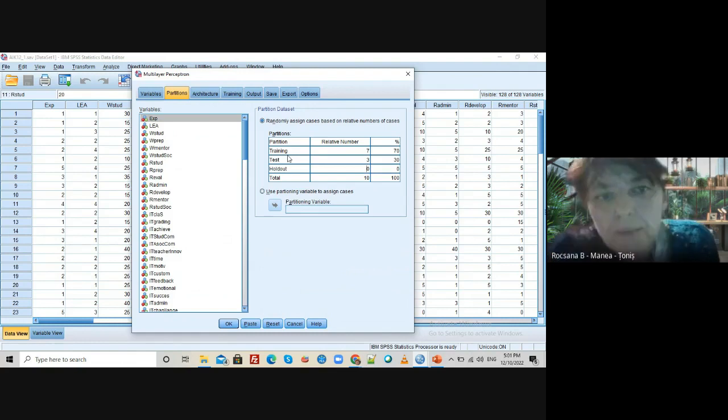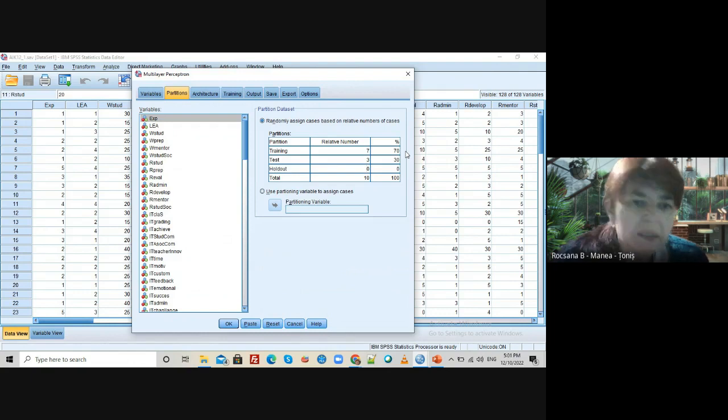So what the neural network will do is make a lot of calculus on the training data, meaning that all our data in this survey is spread in two layers, training 70% of data, it will be grouped in a training sample, and the other one will be in the test.